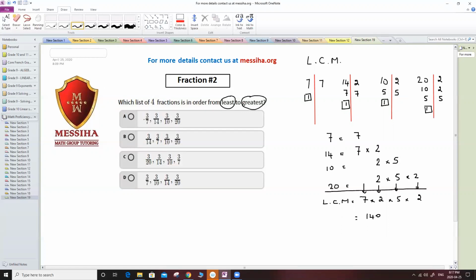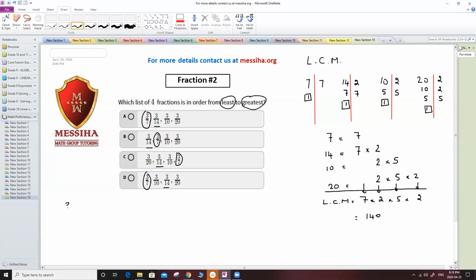Now the question is, I see the 3 over 7 here. It's repeated everywhere, 3 over 7. I see the same thing, 3 over 14, in every choice. So that means in this A, B, C, D, they used the same fractions. So why don't I find the equivalent fraction to these fractions with a denominator of 140?